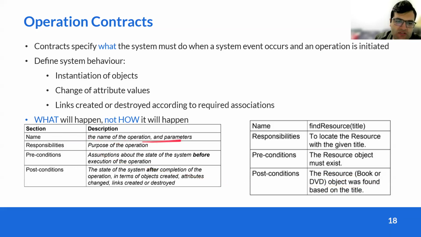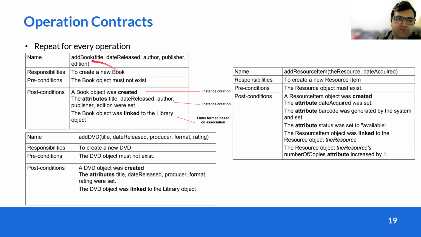The name is the operation name. That's simple. Responsibilities is why. What is this operation going to do? Precondition is the assumption before the execution. Precondition in this case is we assume that the object exists. And then what happens after the action is carried out.